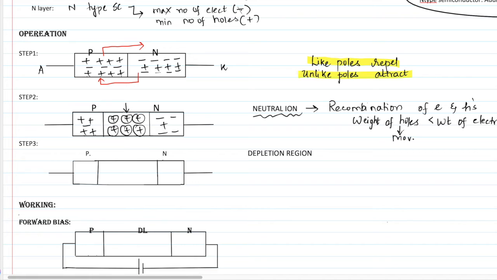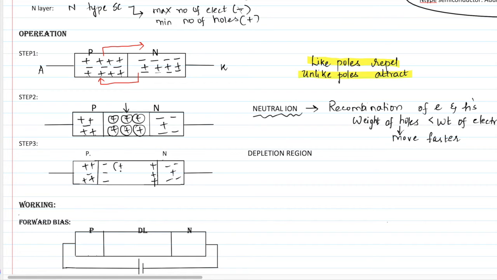So holes can move faster compared to electrons. So due to this difference in speed, what happens is that few of the electrons from N layer will get deposited at P junction and few of the holes from P layer will get deposited at N junction.